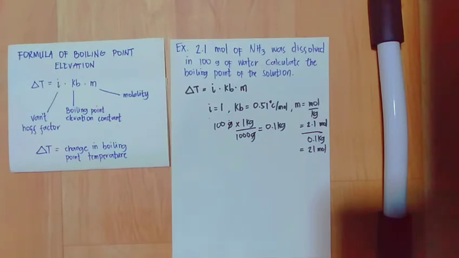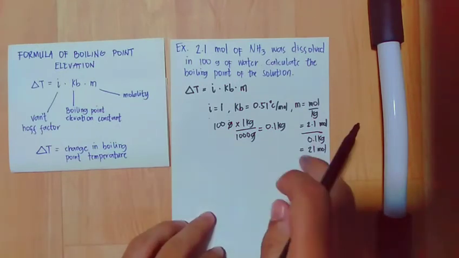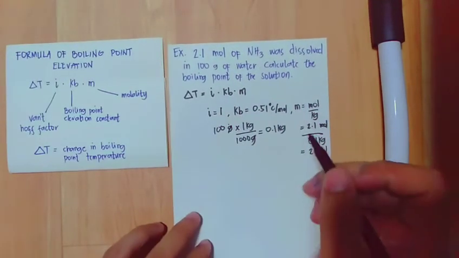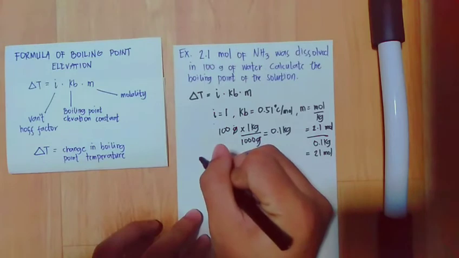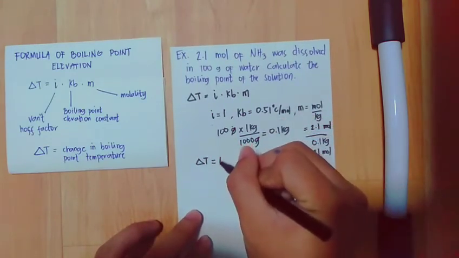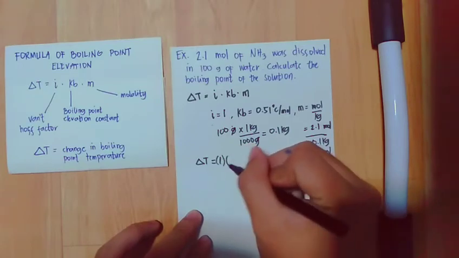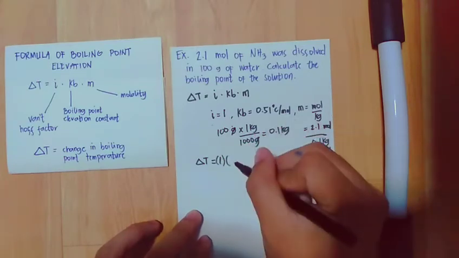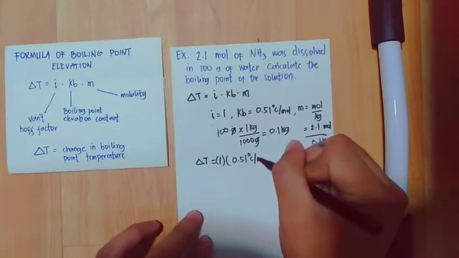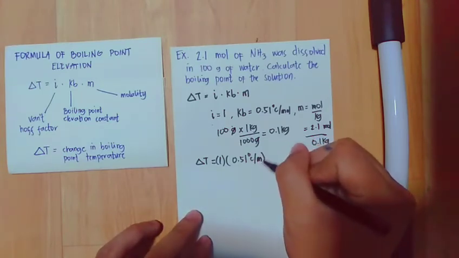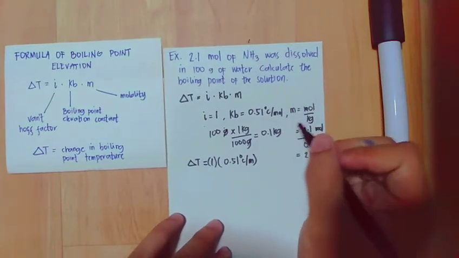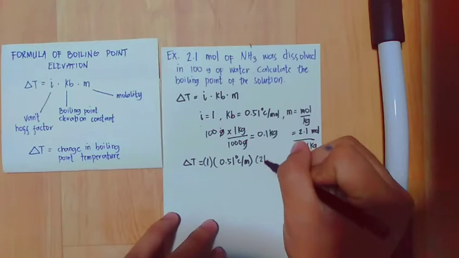So we're going to substitute the numbers that we get into this formula. i is equal to 1, times Kb, which is 0.51 degrees Celsius per molal, times 21.